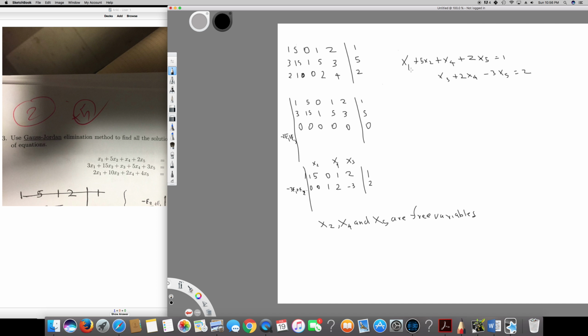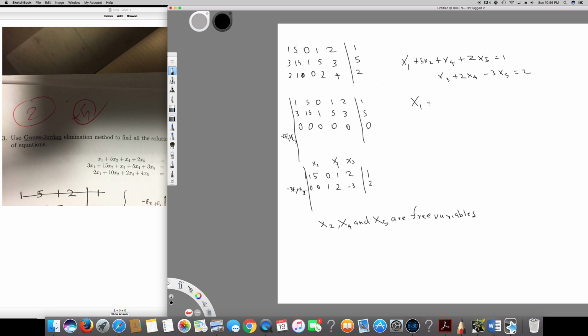If you look at the first equation, x2, x4, x5 are free variables, so I can directly find x1 in terms of the free variables just by moving these values to the other side of the equal sign.